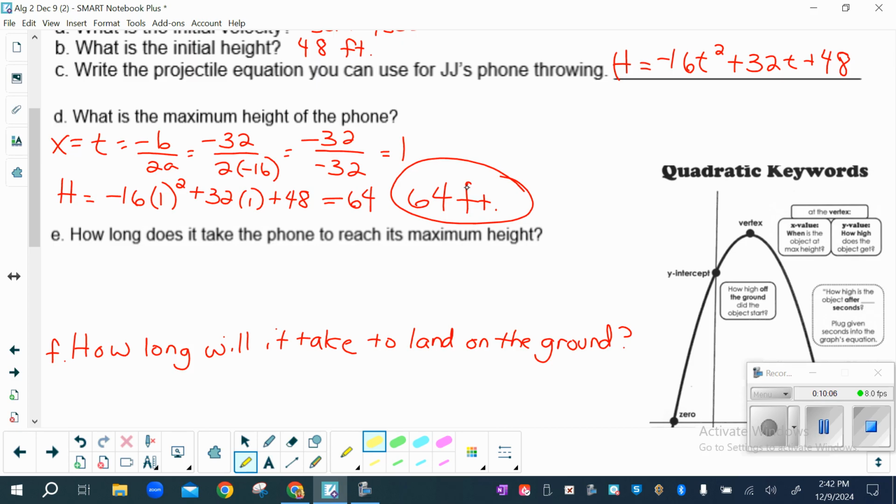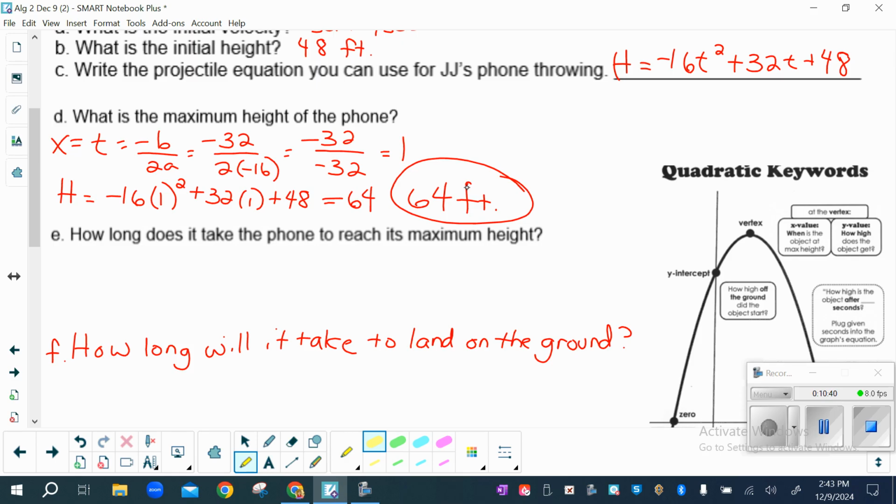Okay, so now my next question: how long does it take the phone to reach its maximum height? 2 seconds. Did we find the time it takes the phone to reach its maximum height already? What part of the graph is the time it takes the phone to reach its maximum height?